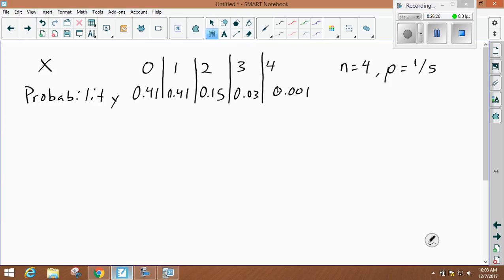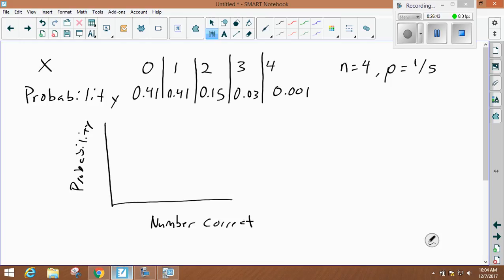We can draw a histogram of this, which is a good skill to be able to do. For the record, that adds up to 1.001. That is because I rounded a bunch.